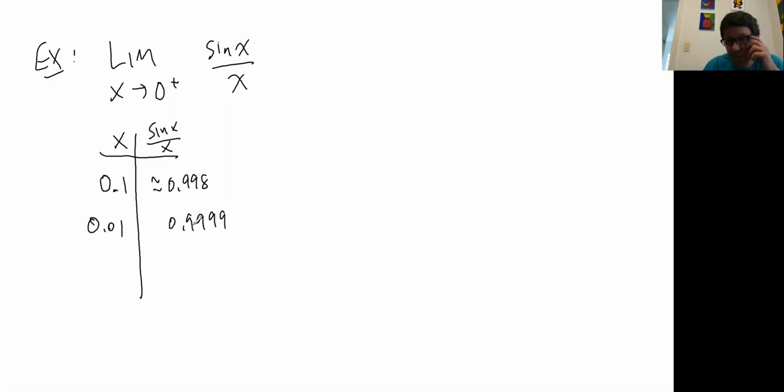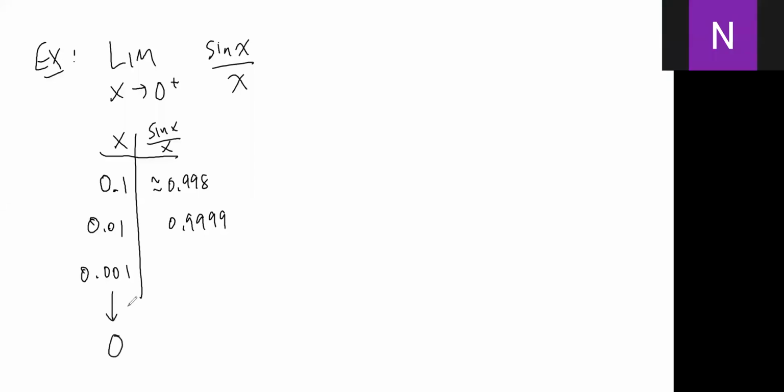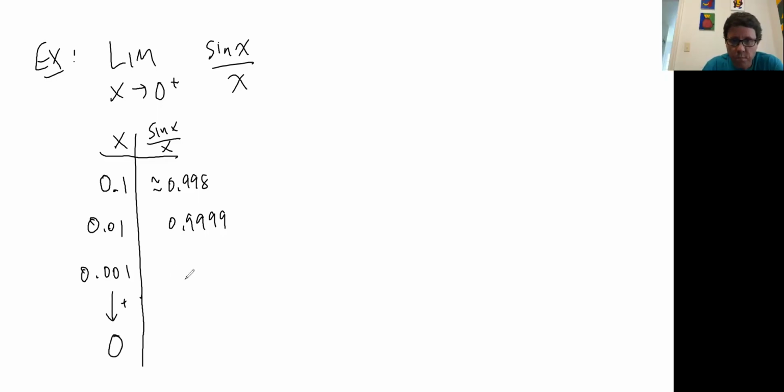That seems to suggest something, but if I tried one more, 0.001, values that are getting closer to 0 from these positive values, then the same thing here: 999999. Where is this going? It really looks like the answer is 1. And that, in fact, is true: the answer is 1.